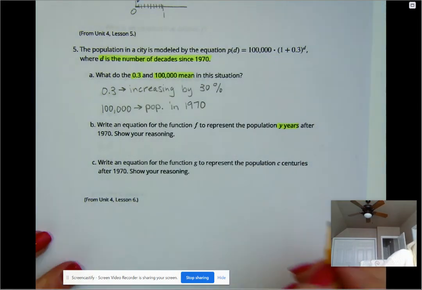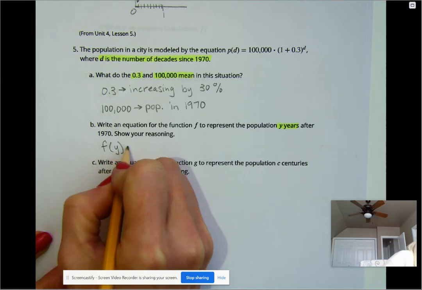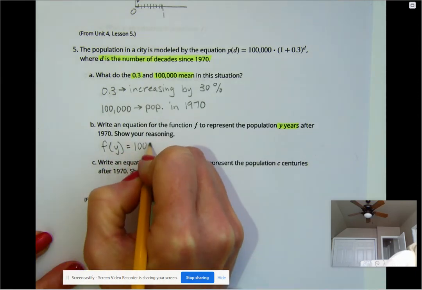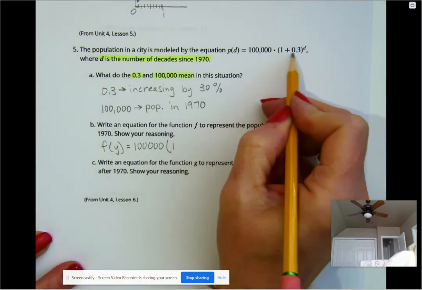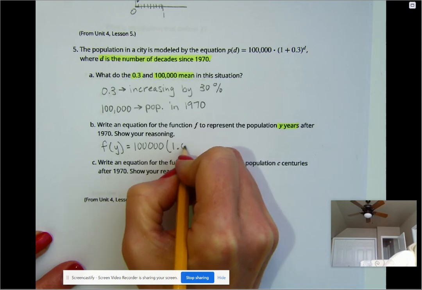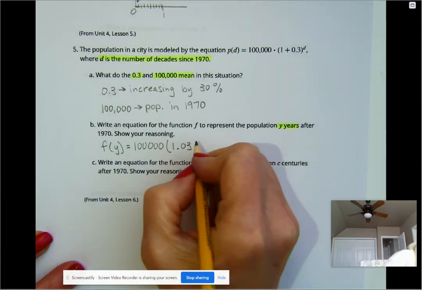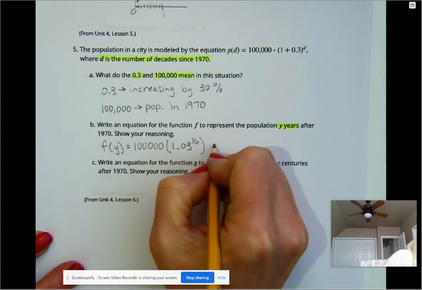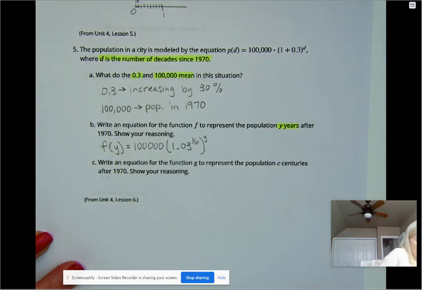So I could say f of y equals 100,000 times 1.03, and since a year is 1/10 of a decade, I can do the 1/10 here and then raise it to the y, because it's 1/10 every year.